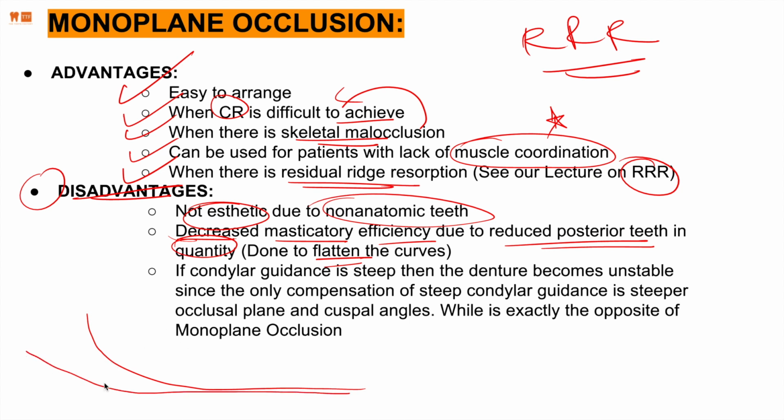And to do that, all we got to do is get a flatter cusp instead of a steeper cusp, right? If the condylar guidance is really, really steep, then the denture becomes unstable, since the only compensation of the steep condylar guidance is a steep occlusal plane and cuspal angles.